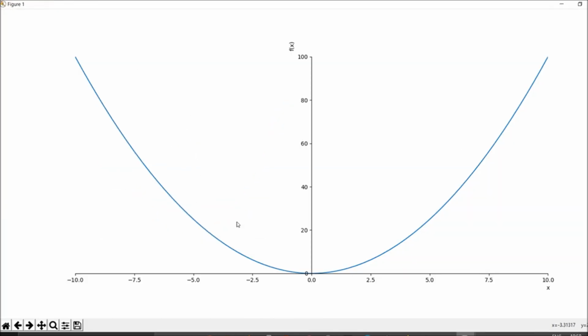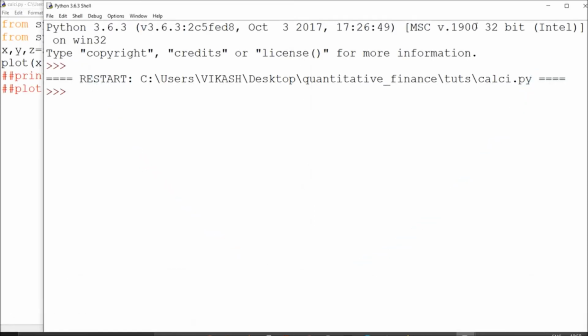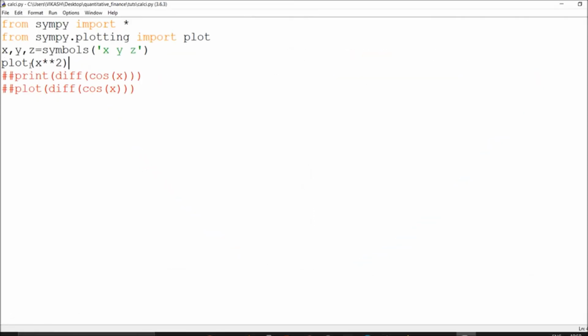This is the parabola we are talking about. If I say x square, this is how the graph looks. And if we differentiate this particular function, it will be 2x.